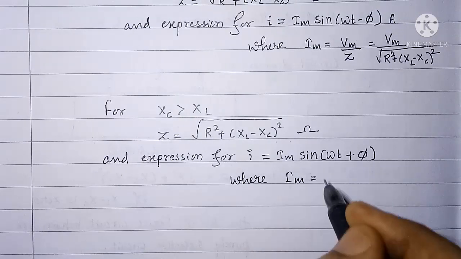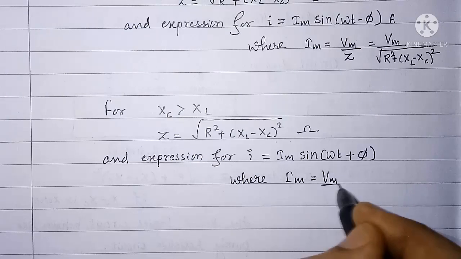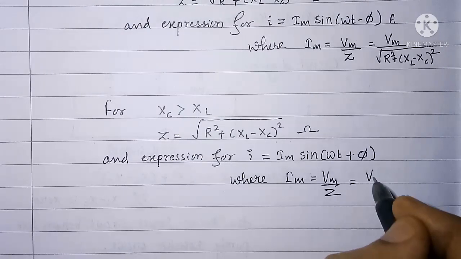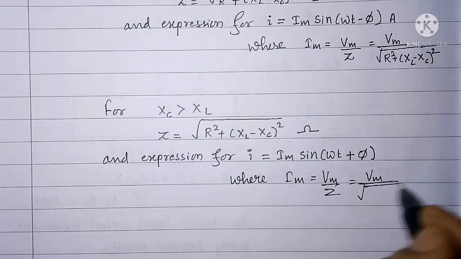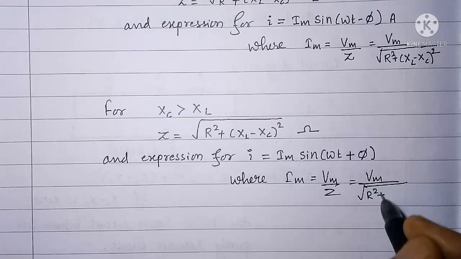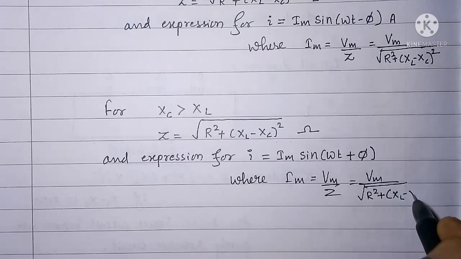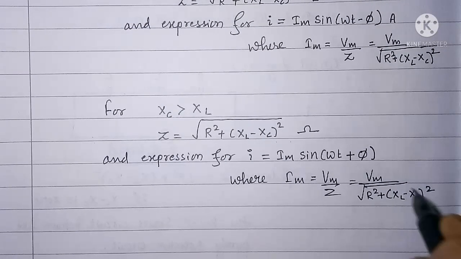Where Im is again Vm by Z, and Z is what? R square plus under root XL minus XC whole square.